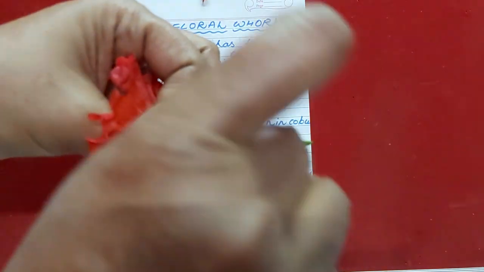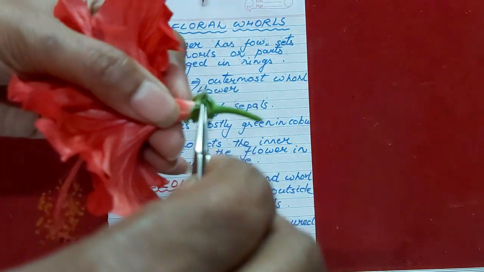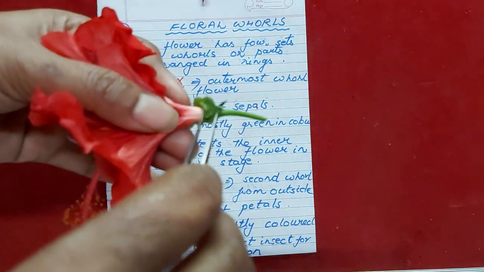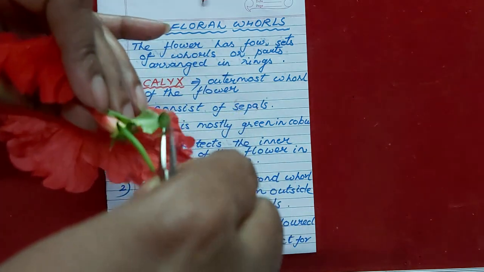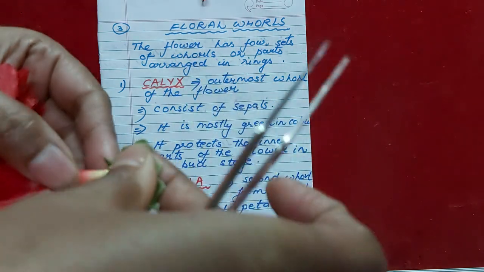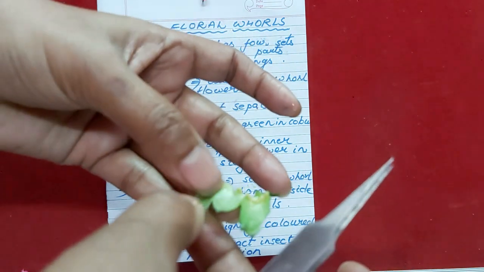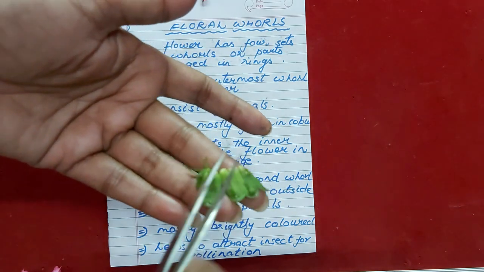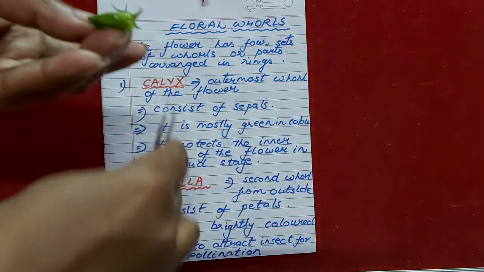Individual ones are called a sepal, and this whole thing present in the form of a ring is called the calyx.